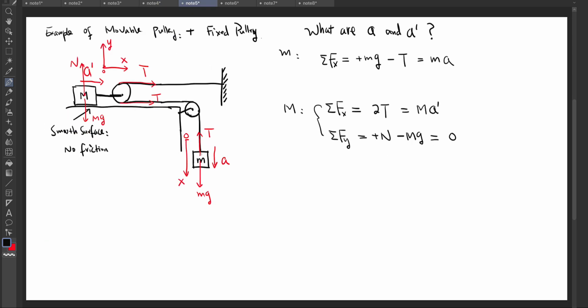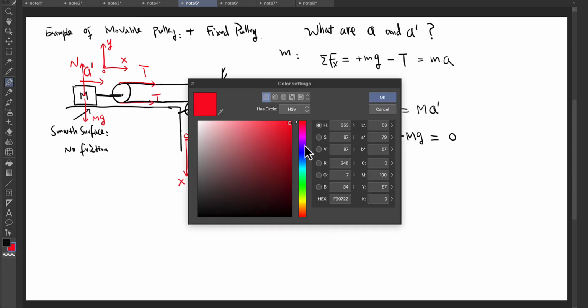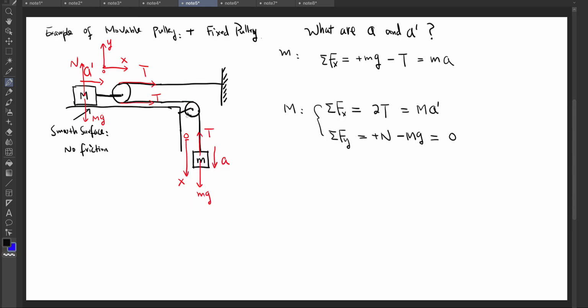So little m moves down if capital M moves delta x. If this capital M moves delta x, then these two strings need to be shortened by delta x, and each of them has shortened delta x. That means that this little m here moved down 2 delta x.